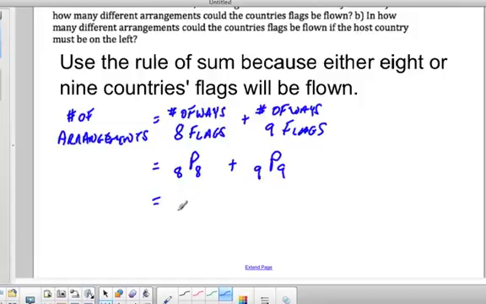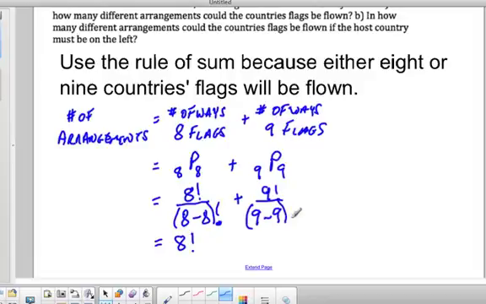And the number of ways that we can fly 8 flags, if you recall, the permutation of 8, choose 8 will be 8 factorial over 8 minus 8 factorial, which is 0 factorial, and that's equal to 8 factorial, plus the number of ways we can fly 9 flags, which is 9 factorial over 9 minus 9 factorial, which is 9 factorial.